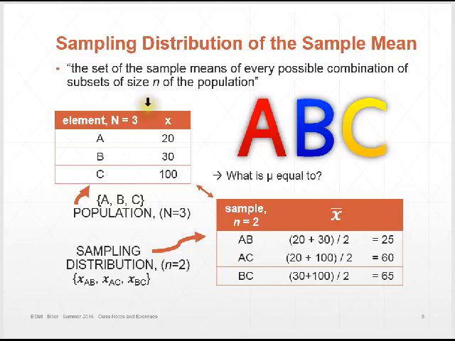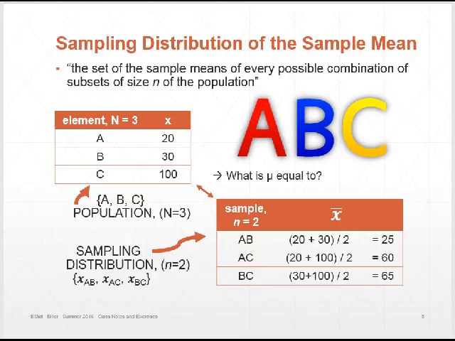Normally, we would not be privy to this knowledge because in the real world, the whole purpose in taking a sample is to avoid having to measure every element. So with an actual population mean of 50, let's look at what happens to the sample means depending on which specific two elements are randomly selected from that population. Elements A and B have values of 20 and 30 respectively, so the sample mean of that would be 50 divided by 2, or 25.